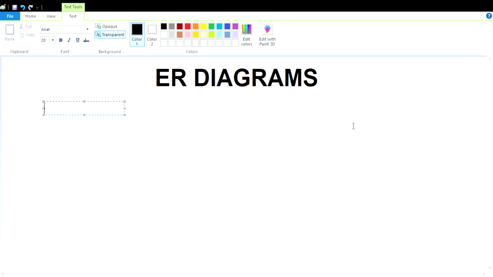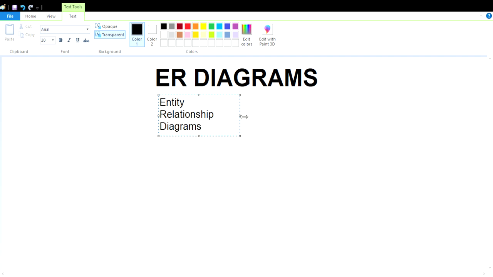So today's concept is ER diagrams. First of all, we will discuss what is meant by ER diagrams. ER diagram stands for entity relationship diagrams.